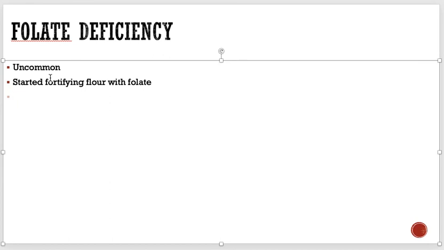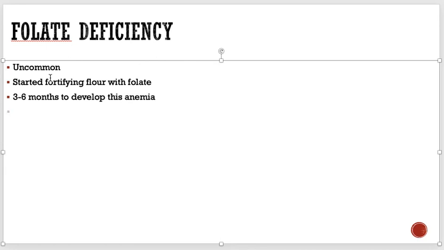So very, very less chances nowadays that you are going to develop that. If someone has risk factors to develop folate deficiency anemia, it takes 3 to 6 months to develop this anemia, in case someone is taking a folate deficient diet.